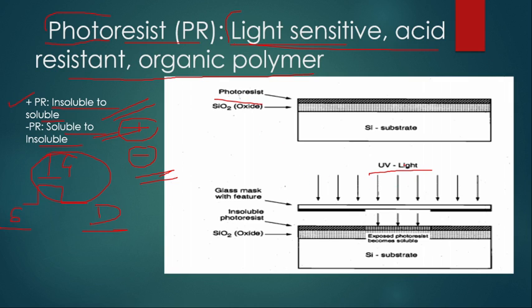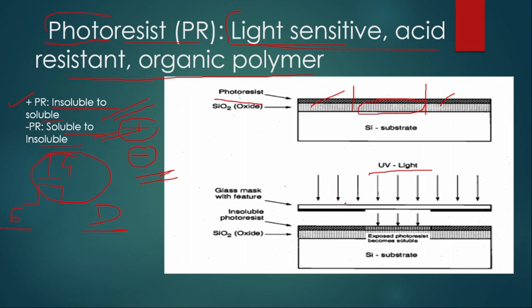Here, for the UV light, a mask is created. Because you do not want SiO2 to be removed from the source and drain. We want only this much gate area to be removed. On source and drain, SiO2 is required. That is why masking is done. The mask will protect the thick SiO2 layer from the UV light falling upon it.